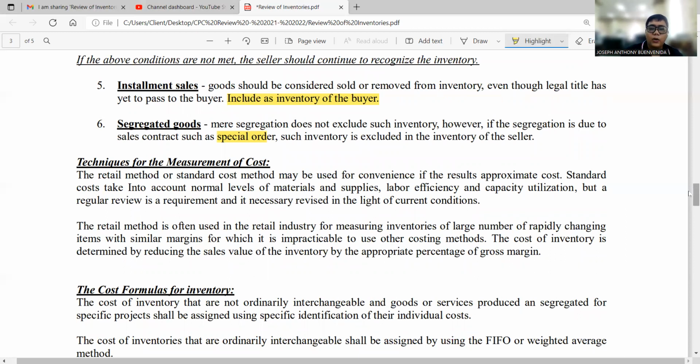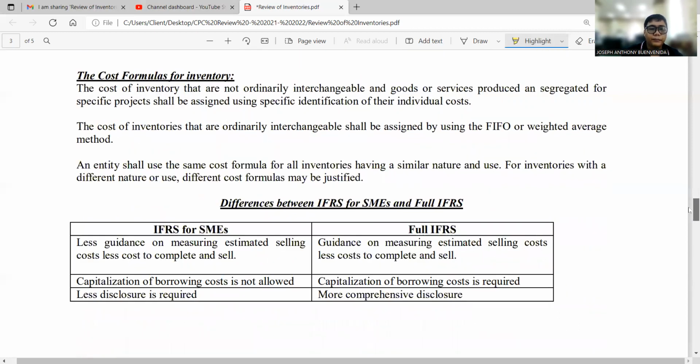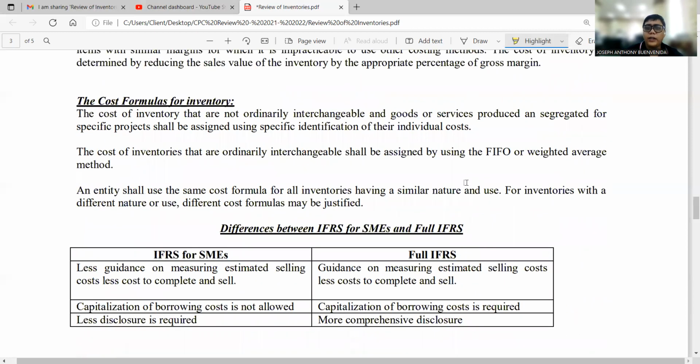Okay, cost formulas of inventory. The costs of inventories that are not ordinarily interchangeable, or goods produced and segregated for specific projects, shall be assigned using specific identification of their individual costs. For example, cars: if you are a seller of cars, you value your inventory item by item because of the high value of each single item.